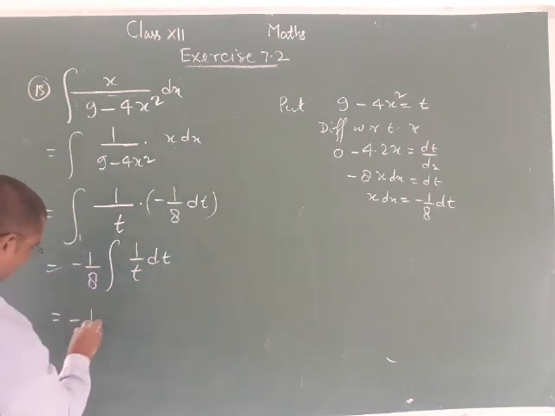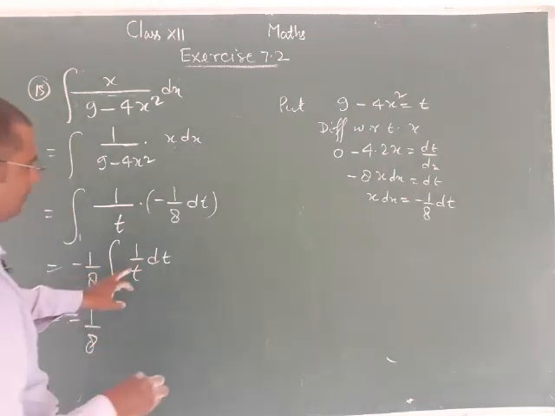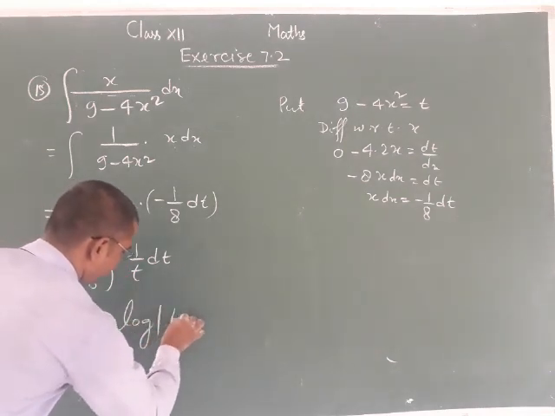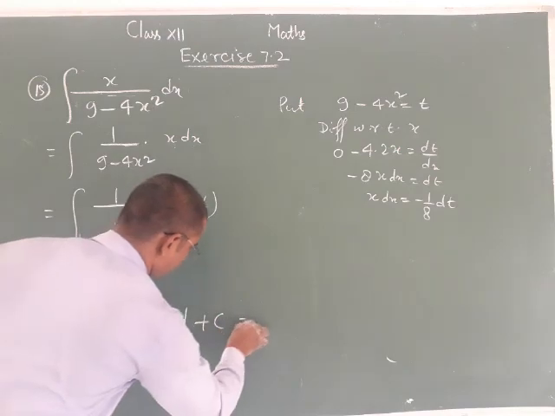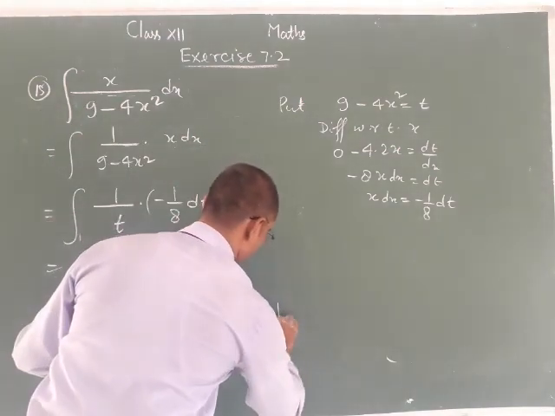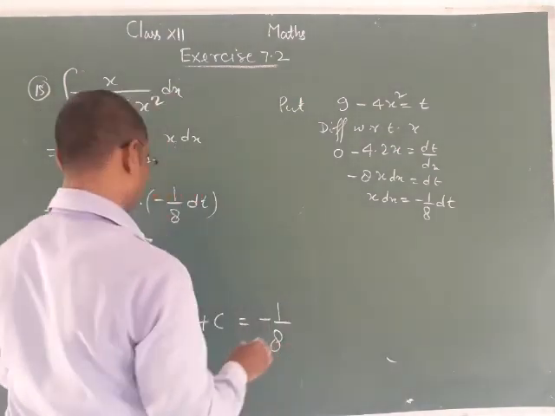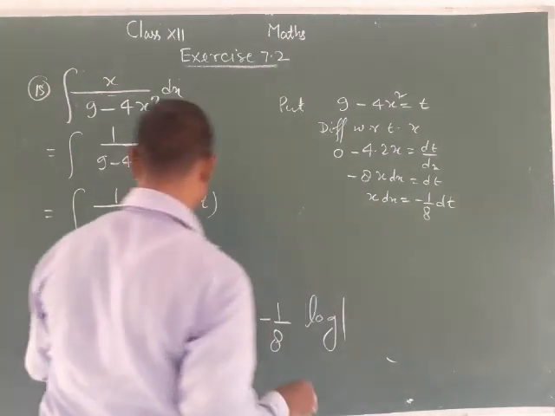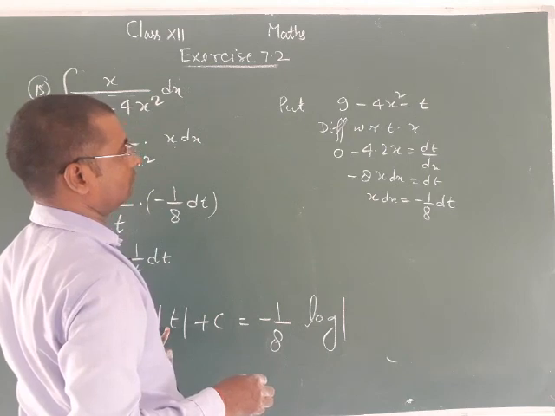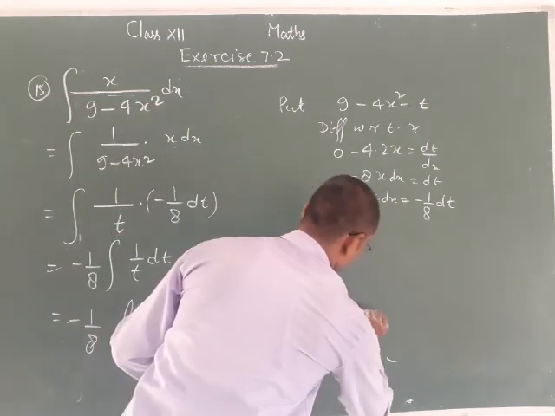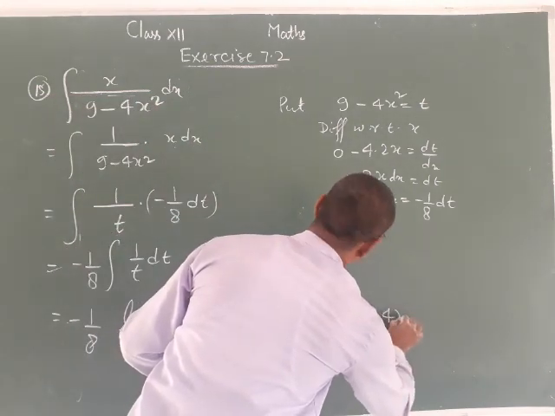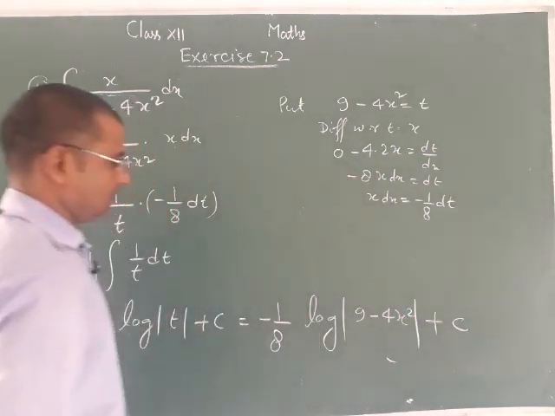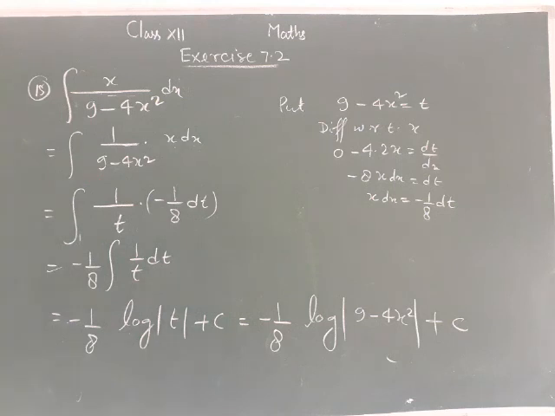So minus 1 upon 8 times the integral of 1 upon t dt is log mod of t, plus c. And also minus 1 upon 8 log of t, replacing t in terms of x, 9 minus 4x square, plus c. This is the answer.